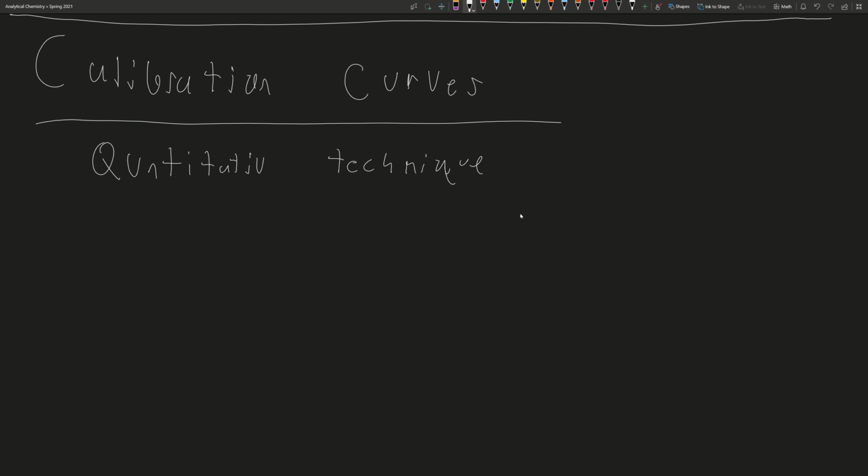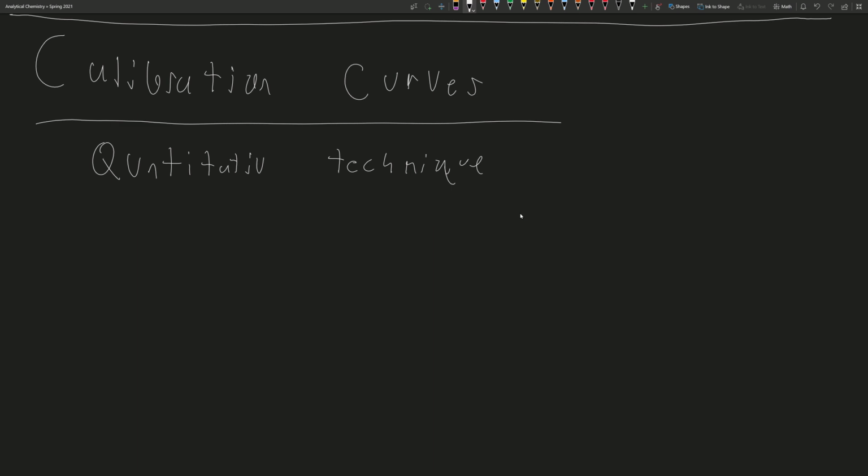Pretty much the majority of the techniques we do are quantitative in nature. The qualitative techniques we don't really do much of. But most of the time, we want to determine how much of something we have and not what.